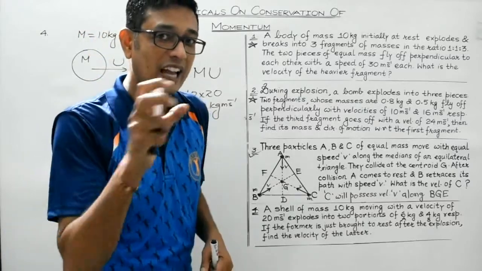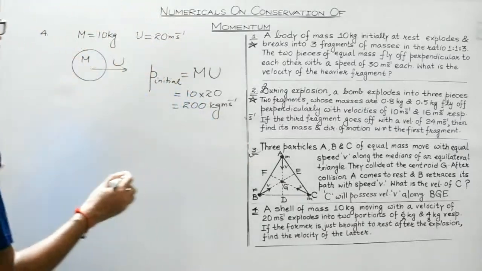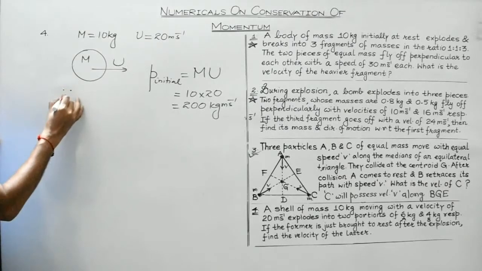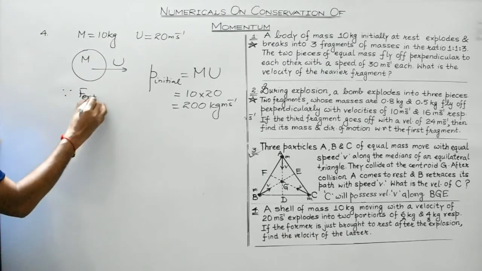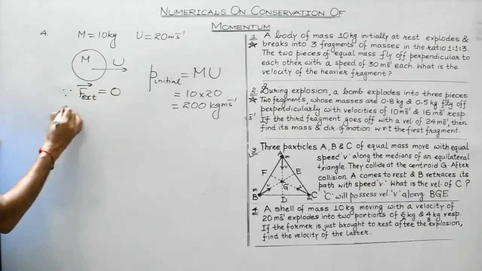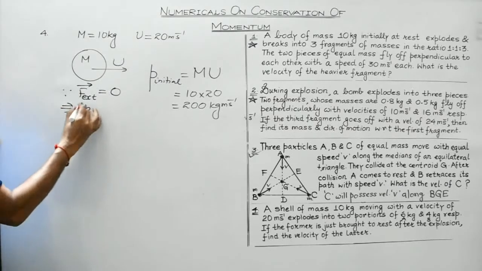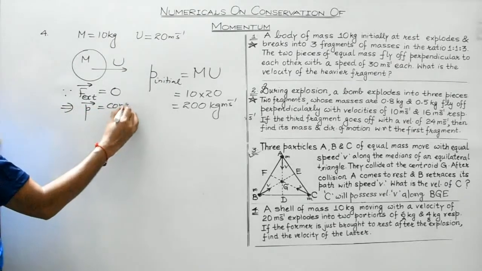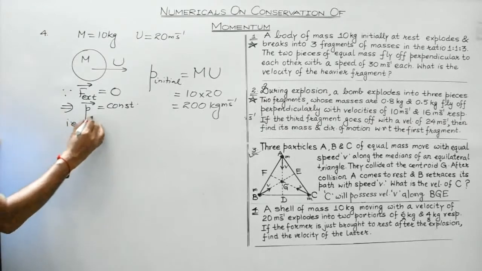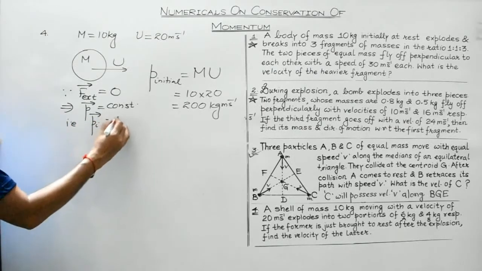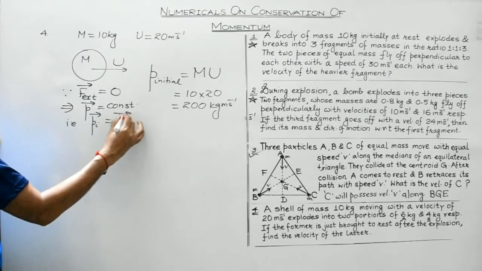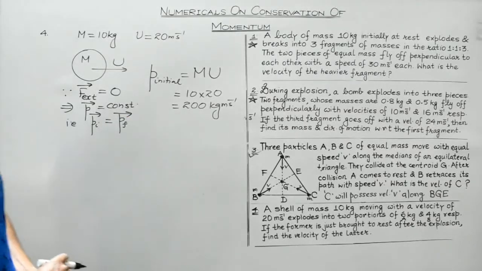So net external force acting on it is 0. And we are aware, in the absence of any net external force, the momentum of this system is always conserved or constant. That is, initial momentum of the system must be equal to the final momentum of the system, right?